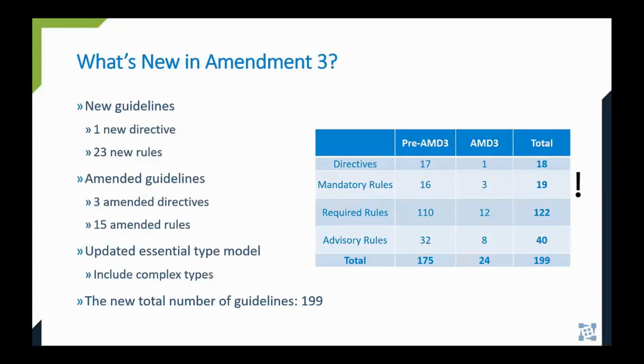Now, if we look at the rule categories, Amendment 3 adds 3 new mandatory rules, which must be followed in order to claim the project to be MISRA compliant.